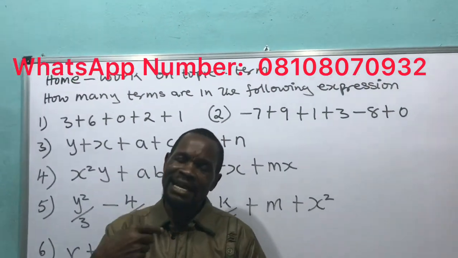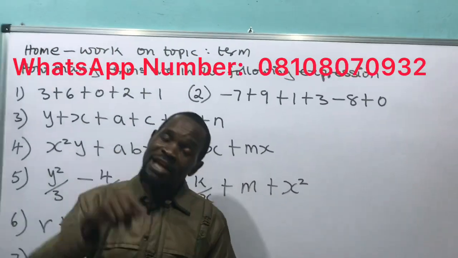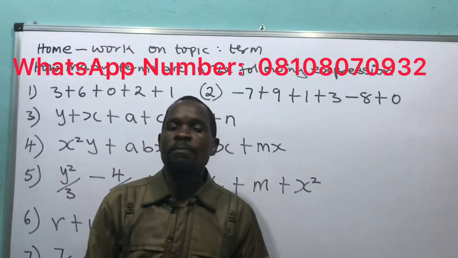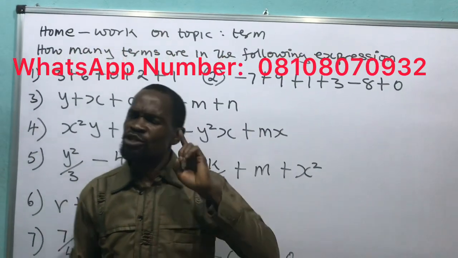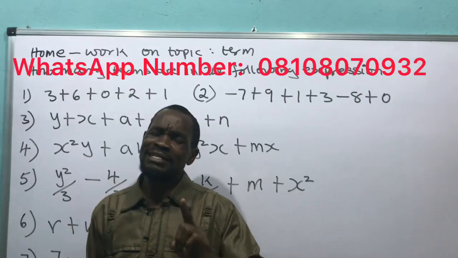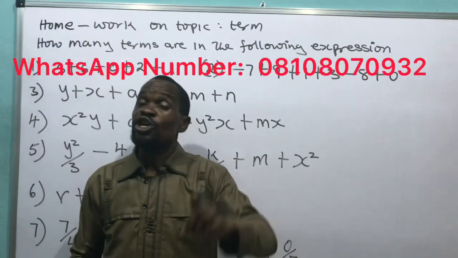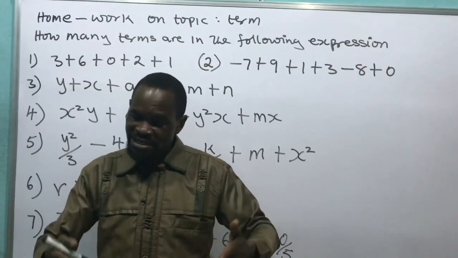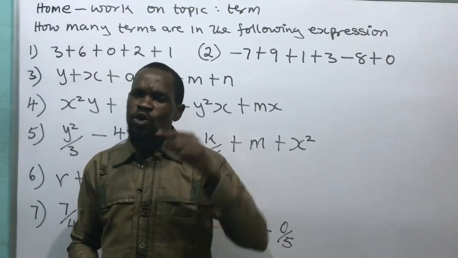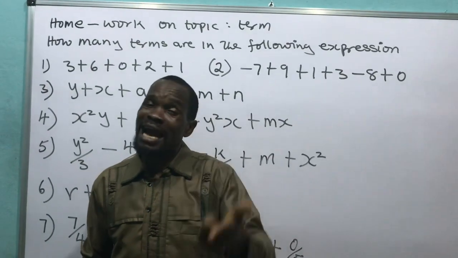When we finish marking it, we send your score and the answer back to you via the same WhatsApp. Please, that WhatsApp number is not for call and it's not for any other thing, rather for the assignment. If you are interested, you send that assignment by snapping it. We are going to send back the marking and the answer.